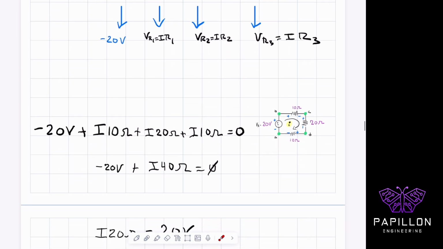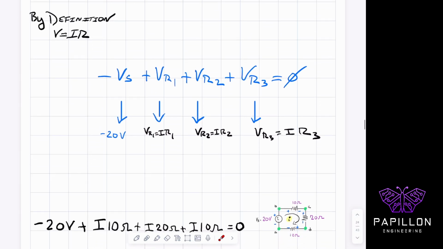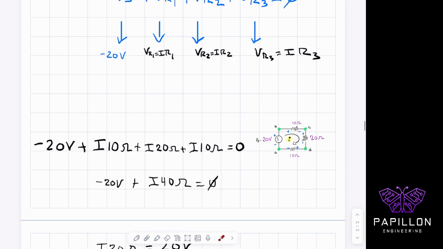So because of that, we can simplify this problem, right? It's going to be minus 20V plus I times R1, which we know R1 is 10 ohms, right? And then R2 is 20, so I times 20 plus I times 10 equals 0. So if I simplify this problem, it's going to be minus 20V plus I times 40 equals 0.